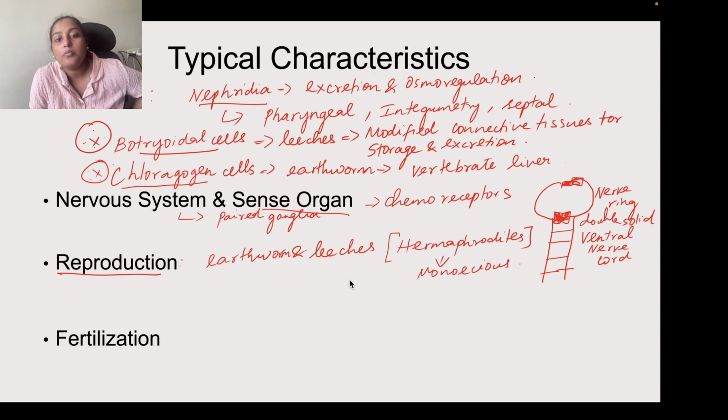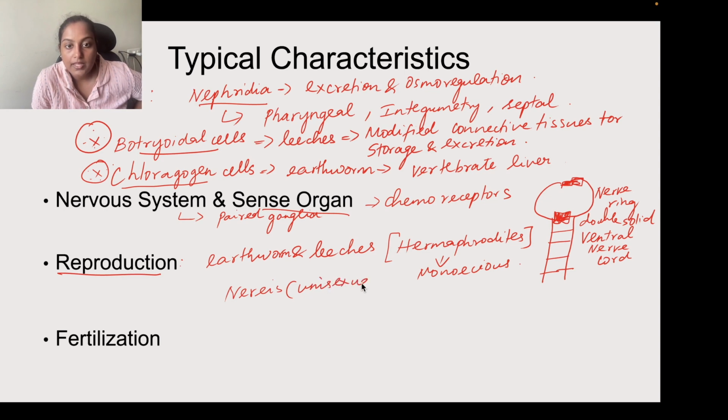That is, a single individual will have both male and female reproductive system. Whereas if you look at Nereis, it is unisexual, meaning dioecious, right? That is, a single individual will have only male or female reproductive system.